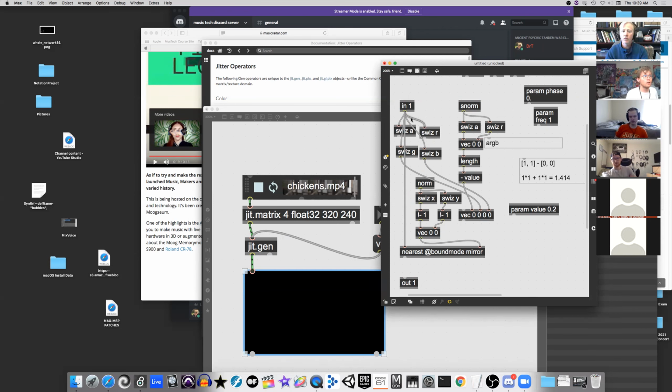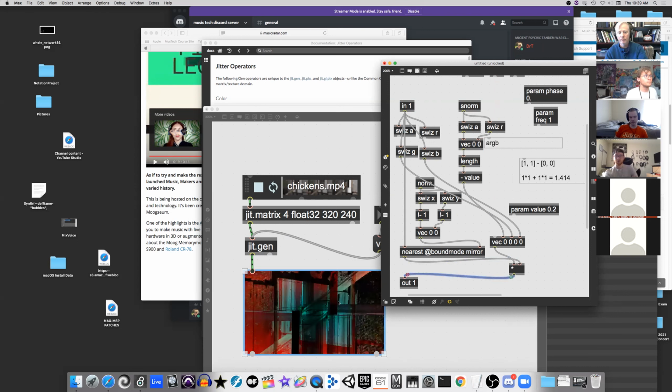Well, let's do it. Okay, so take this vec here, multiply it by this. Yeah. There you go. Okay, that makes sense. It did some other transformation though, I think.